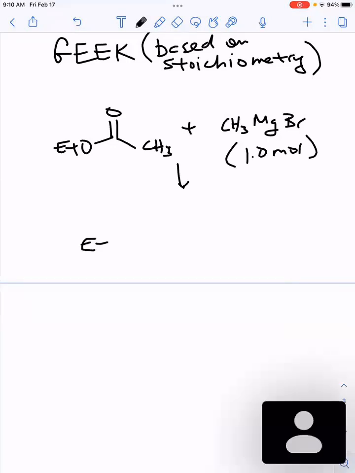So my product is going to look like this, right? I'm adding in this methyl group from the Grignard.